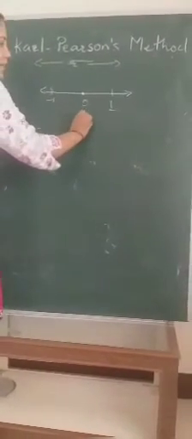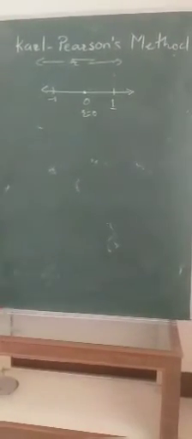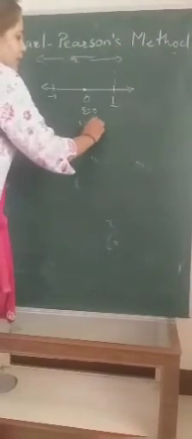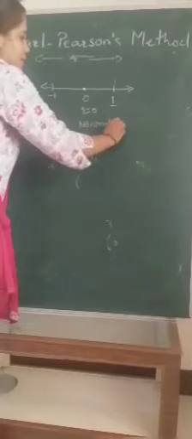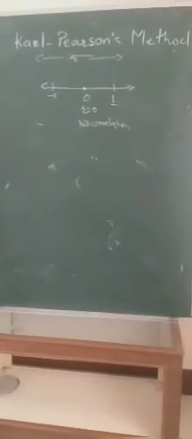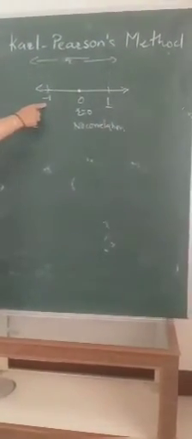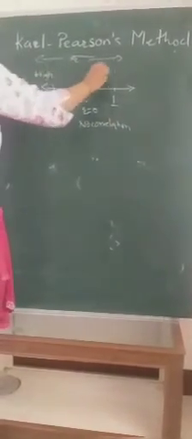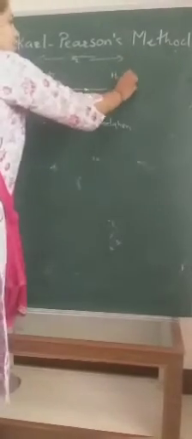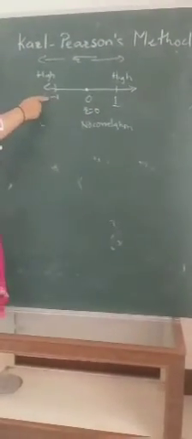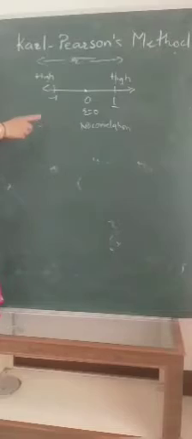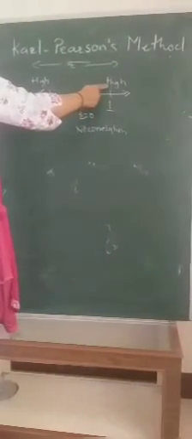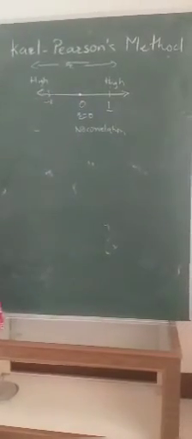When R is equal to 0, it shows no correlation between the variables. But when the value of R is -1 or +1, it shows a high degree of correlation between the two variables: -1 shows a high degree of negative correlation and +1 shows a high degree of positive correlation.